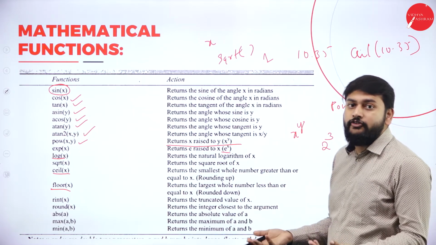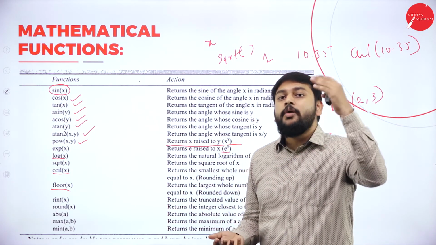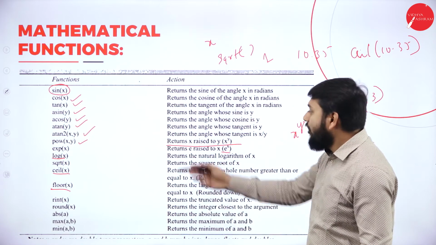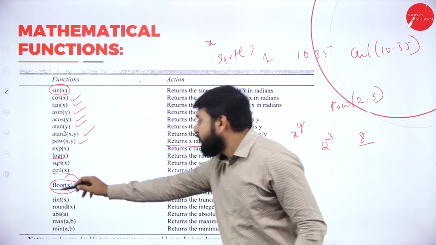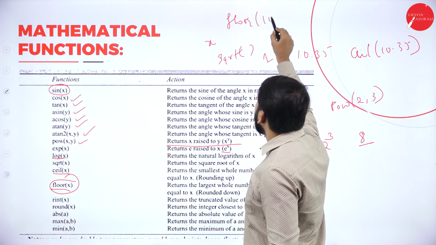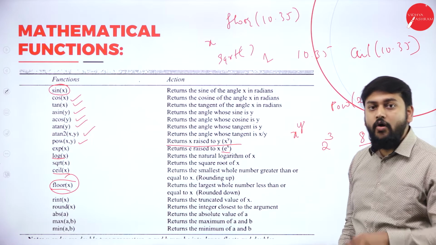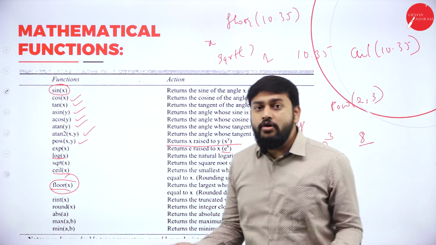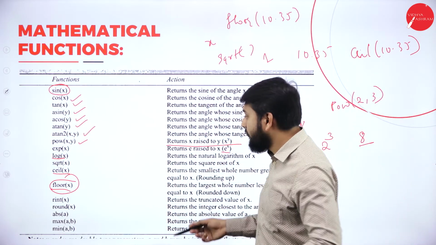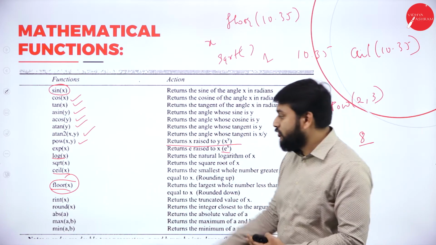I have 11. That is the rounded up value. In the same way, I have floor. Why do I use floor? Suppose I write floor of 10.35, it will round down to the nearest one. So it will round down to 10. That's what you need to remember. So this is how ceil and floor work, which we will be using frequently.